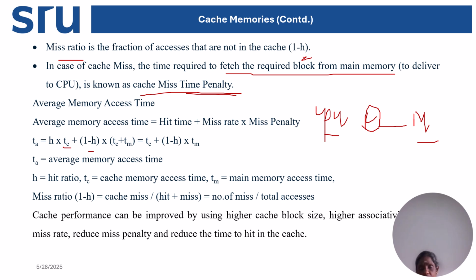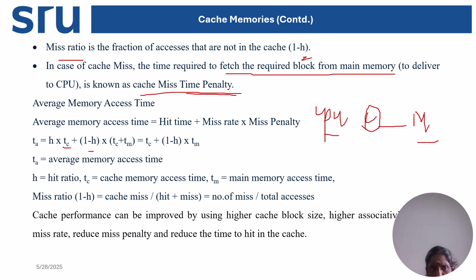TC is common, so it is equal to TC plus 1 minus H times TM.